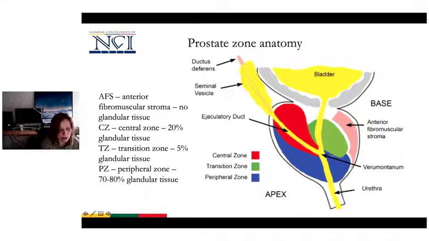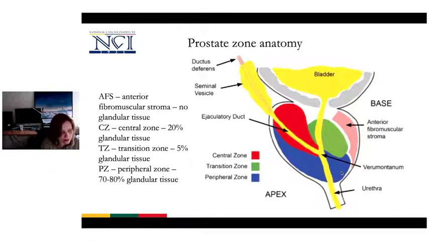In the central part surrounding the urethra, there is the transition zone, and normally glandular tissue is in the periphery, in the peripheral zone surrounding the transition zone. In the anterior part, we have fibromuscular stroma. Usually it doesn't have any glandular tissue.